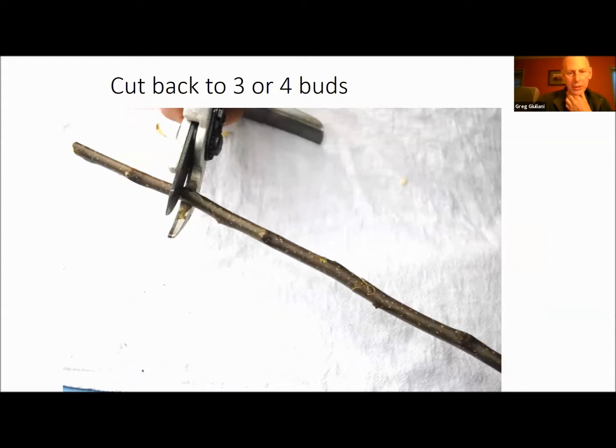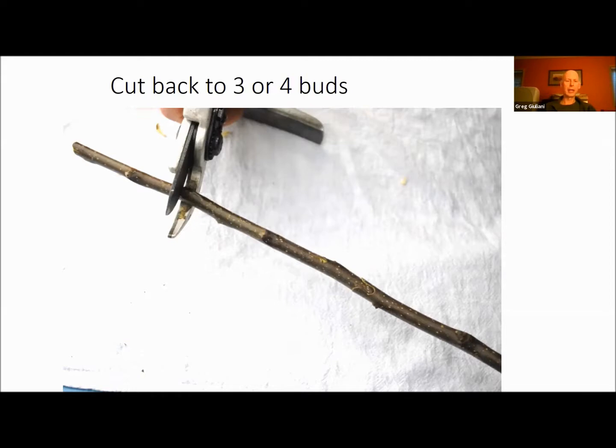Usually you don't want to leave any more than 4 buds on your scion, because when it leafs out, it'll create quite a demand on moisture, and the leaves may give off more moisture than the host is able to supply.